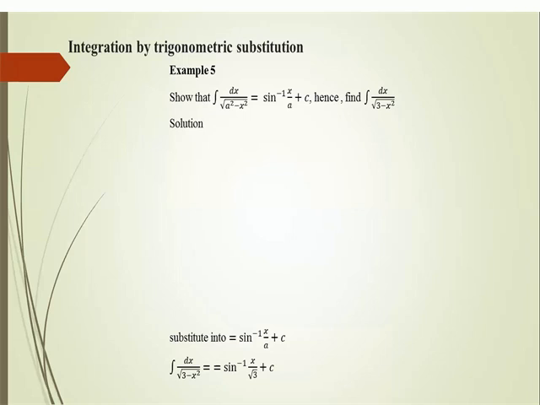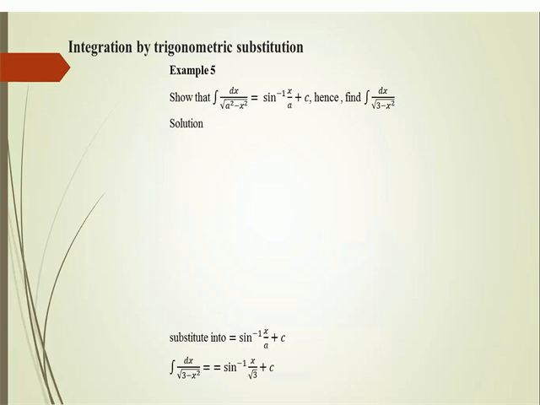Then we make dx the subject of the formula by cross multiplying. By the time we cross multiply, we have dx equals a cos theta d theta. So we've gotten our x to be this, we've gotten our dx to be this, then we've gotten our theta to be this. Then we can now go ahead.